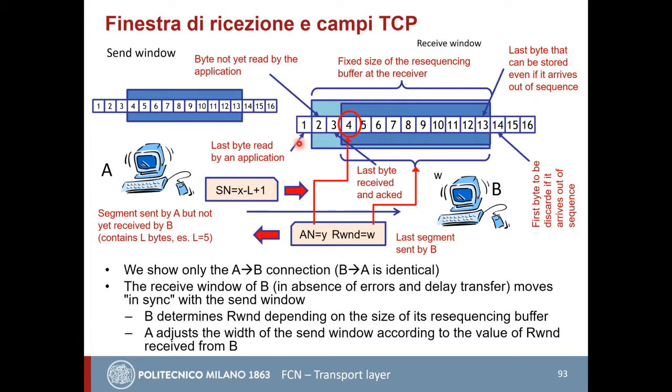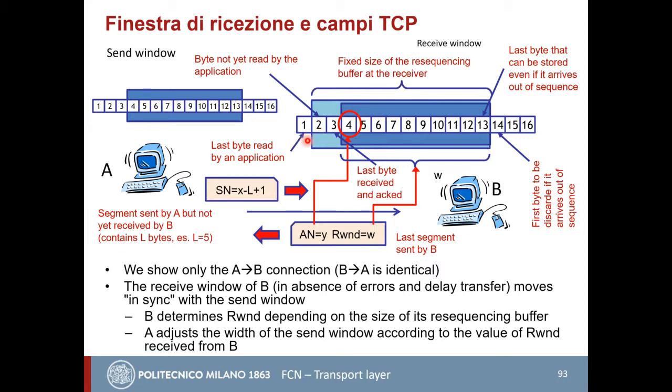The buffer has a fixed size because usually you don't change the size of the buffer during the connection, and it is always a sliding device, because the first byte that you find inside the receive buffer is the first byte that has been received correctly but has not been read by the application. Okay.